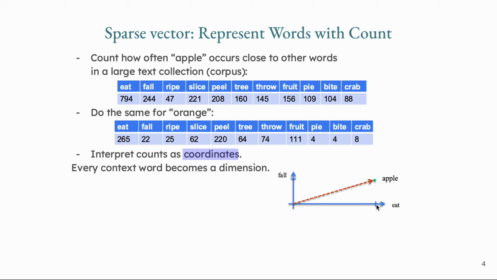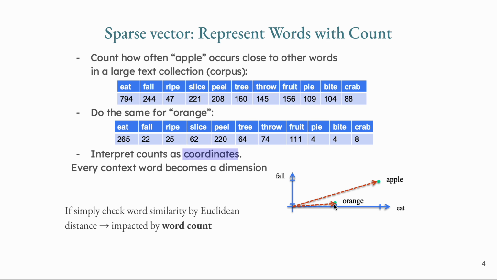So apple here is represented by 794 counts of eat, all the way here, and 244 counts of fall. So the coordinate 794 and 244 is the coordinate for the word apple. And if we do the same for orange, we would have 265 and 22, which is somewhere here.